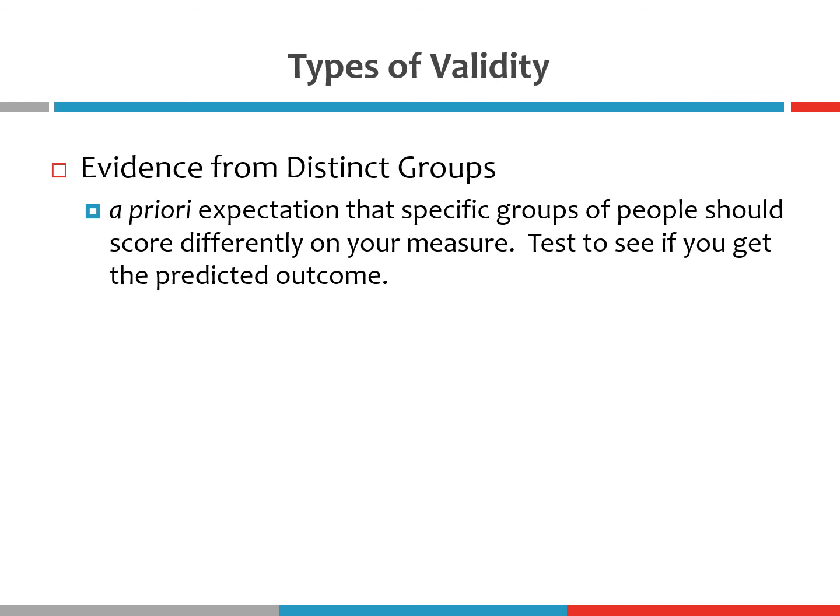Essentially, depending on what our questionnaire is measuring, we might have an a priori expectation that specific groups of people should score differently on our measure. And so by establishing evidence from distinct groups, we can test to see if you get the predicted outcome.